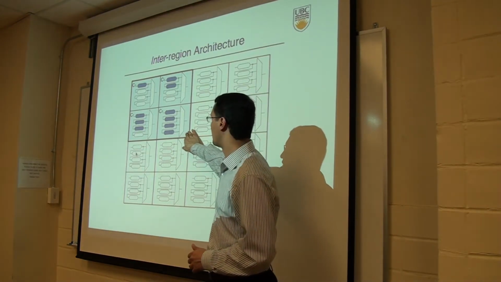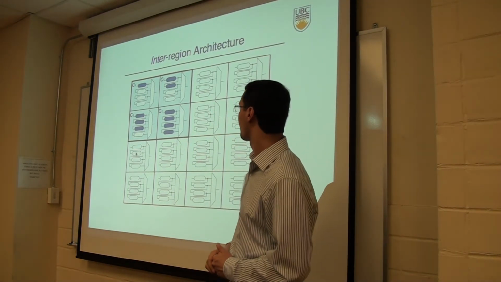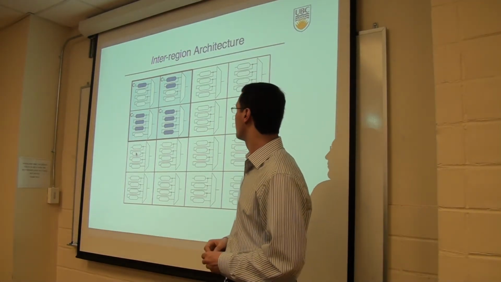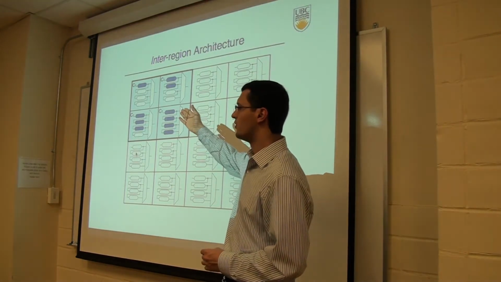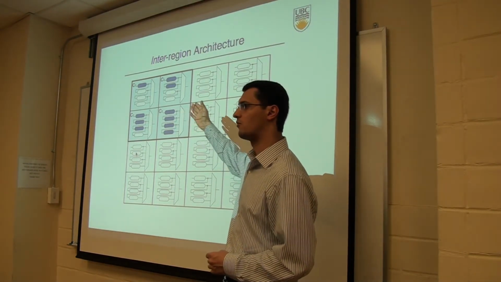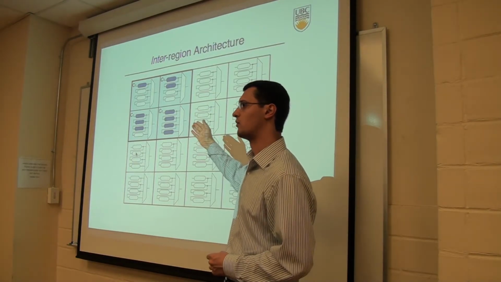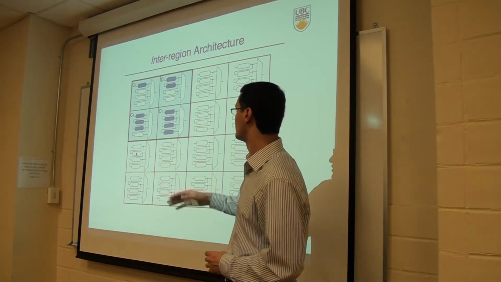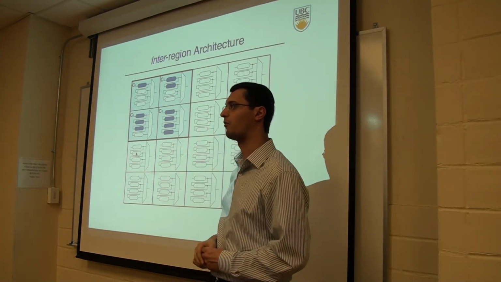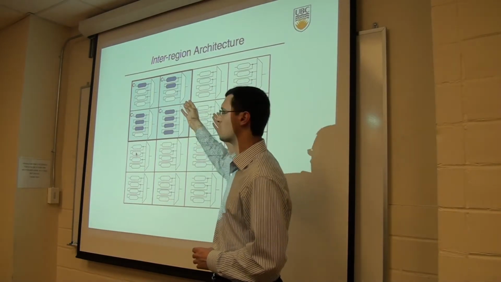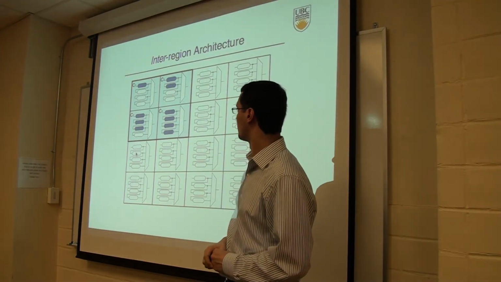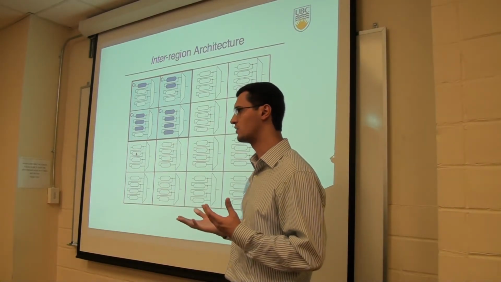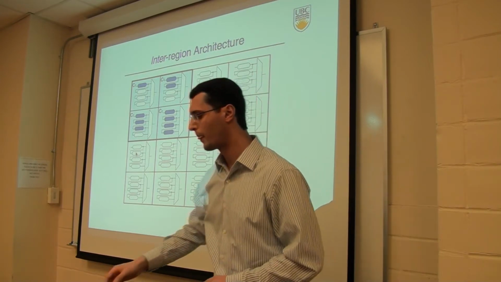If this is an application that's mapped to 4 of these regions, and we have a programmable delay element of size 4 here, it can provide 4 delays. These programmable delay elements can be programmed to sequence the turn-on of these regions in a proper way to limit inrush current to our constraint. As you can see here, the one in the corner is programmed with 1 delay element, the one next to it with 2 delay elements, and so on. This is the case where the programmable delay element has 4 delays and the application has 4 regions.